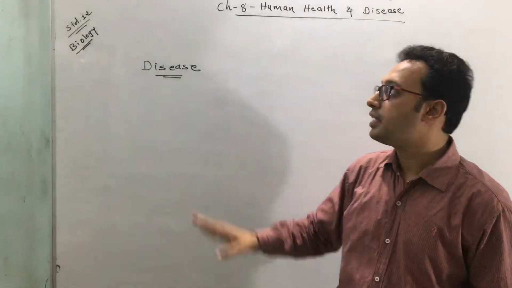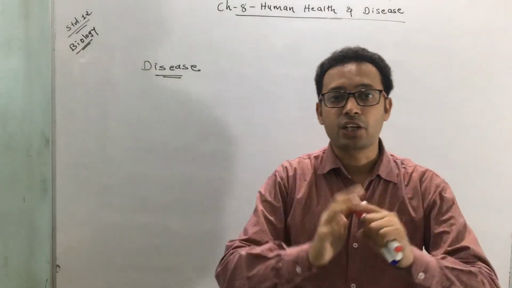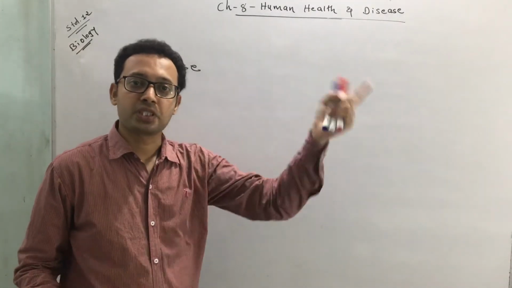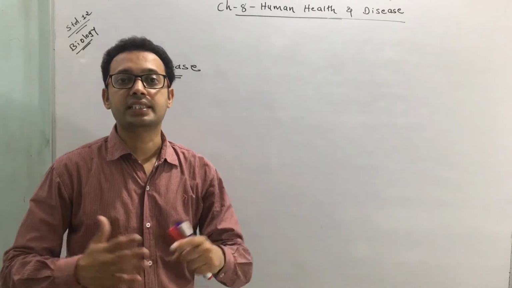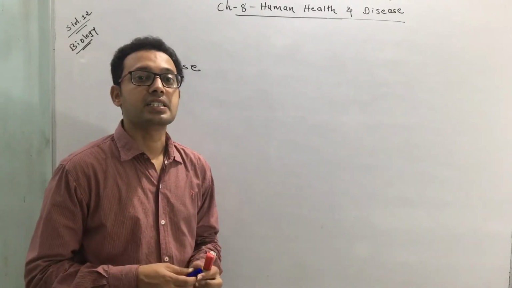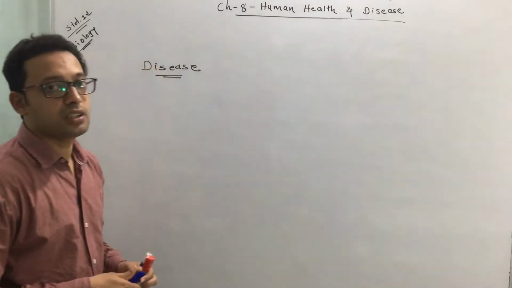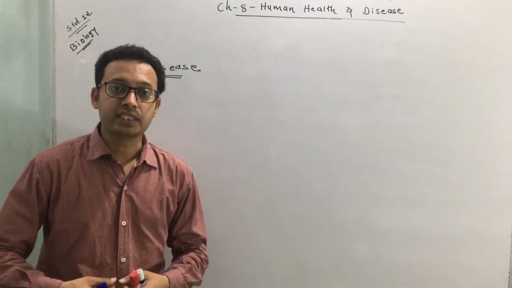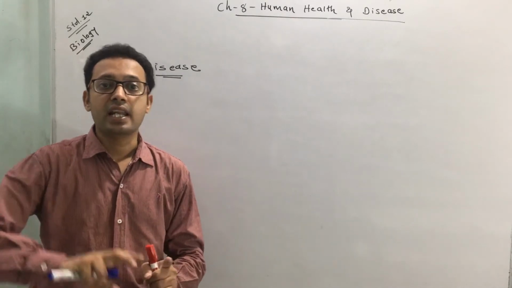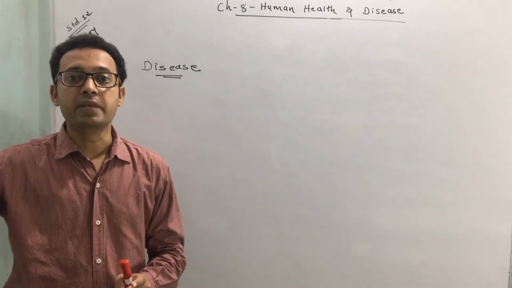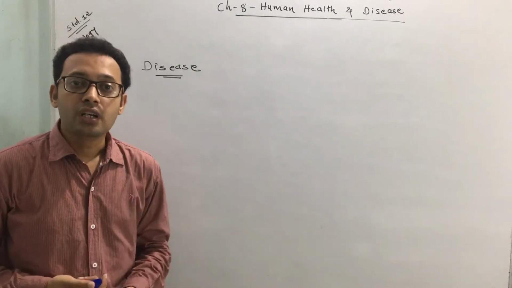In short, health is a total well-being. So what is a disease? It's the opposite. The well-being has been disturbed or damaged, and that is considered a disease. It is a condition where the body and its organ systems work in an abnormal way, or do not show normal behavior.